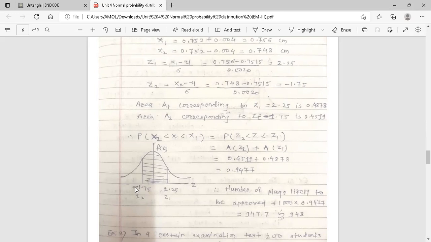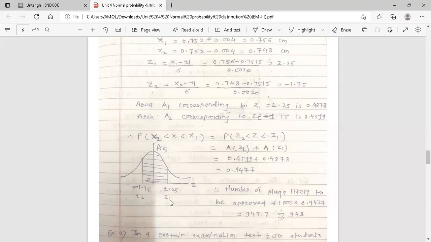Z2 is minus 1.75, here on the LHS side, and z1 is positive, so it lies on the RHS of the normal curve, 2.25. Okay. Now we want the probability between z1 and z2. It means you find the area between z1 and z2, because area is connected to probability. Now, what is the area between Z1 and Z2? This shaded portion is the area between Z1 and Z2.